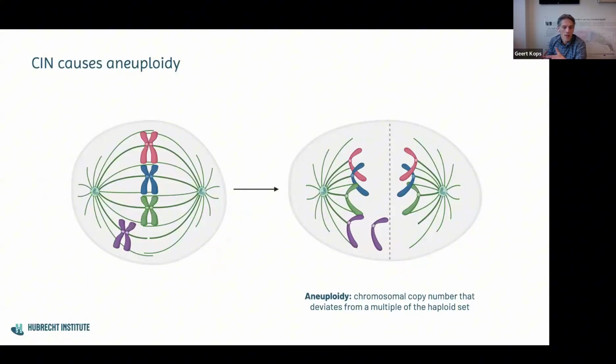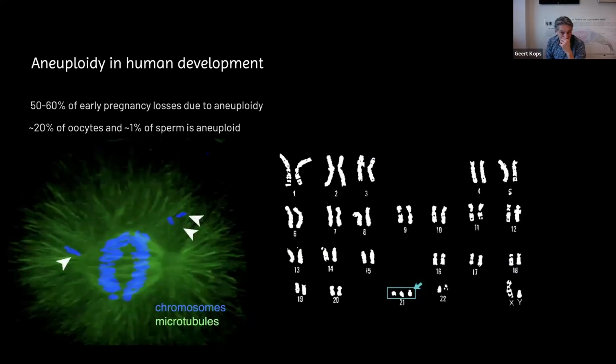When cells missegregate, the daughter cells end up with more or fewer copies of chromosomes, and this is known as the state of aneuploidy, a deviation of the copy number state from a multiple of a haploid set.